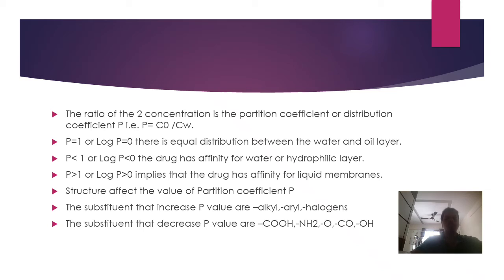By taking the ratio, we can determine the value of P or log P. If P is equal to 1 or log P is equal to 0, then there is an equal distribution of the substance between the water and the oily layer. If the value of P is less than 1 or log P is less than 0, then the drug has affinity for water or the hydrophilic layer.